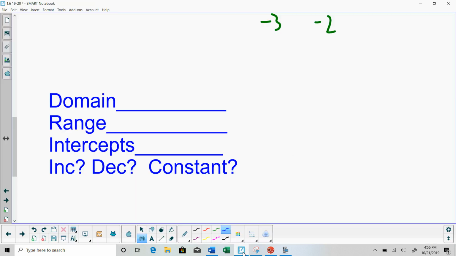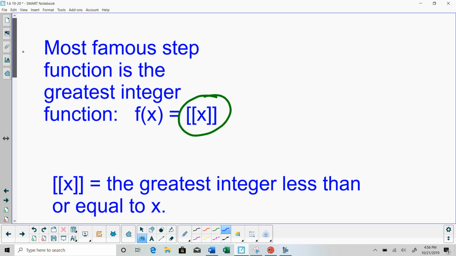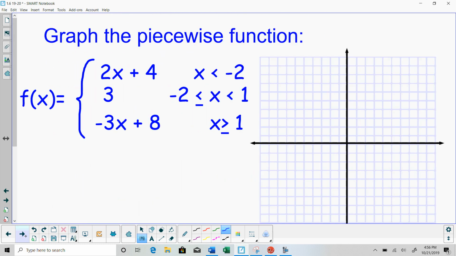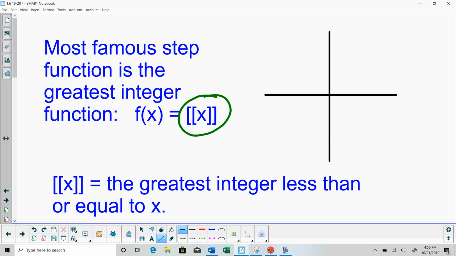If we were graphing this by hand, I'll just do a quick sketch of this. The graph is going to look like this: we're going to have a point at (0, 0), and then a horizontal section all the way to a hole right at 1.